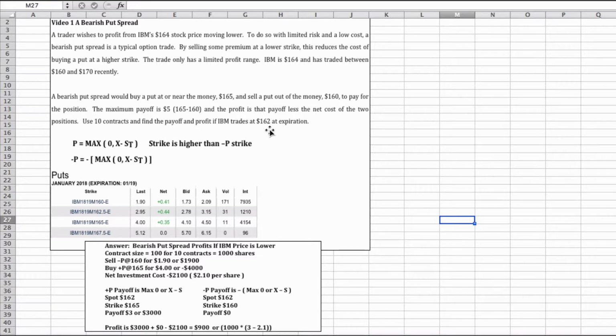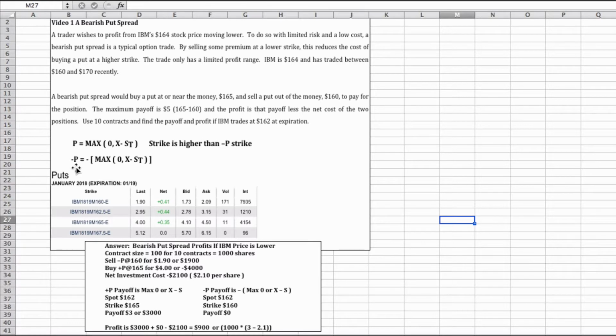So you have a put at 165 and things move below it, that's profitable. You have another put at 160 and the position did not move below the 160. So that one, not profitable. It's just going to have a zero value. And we can see this by looking at the two formulas. The long put, it's the max of 0, and strike 165 minus 162. $3 profit times 1,000, 3,000 profit.